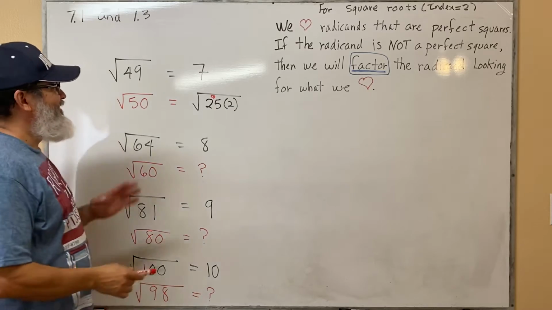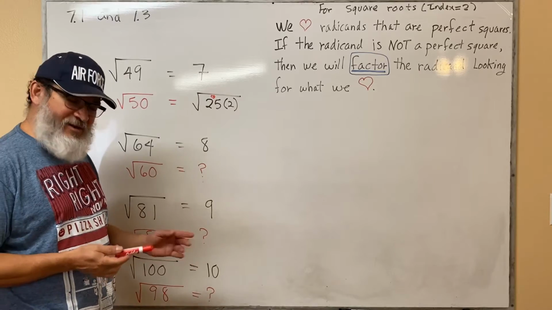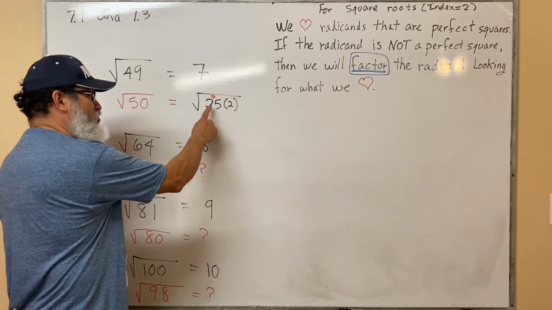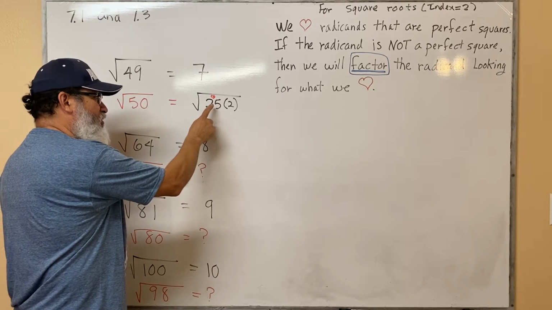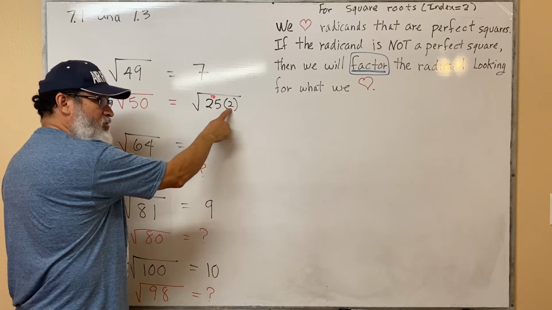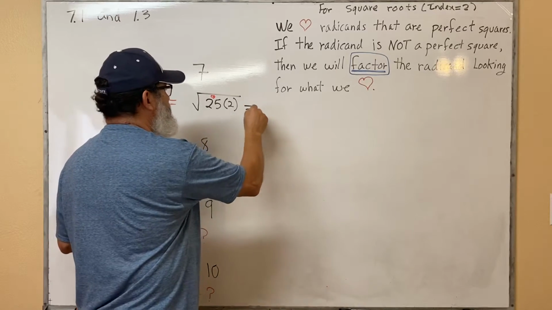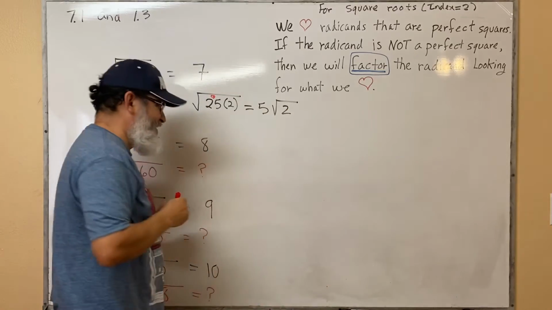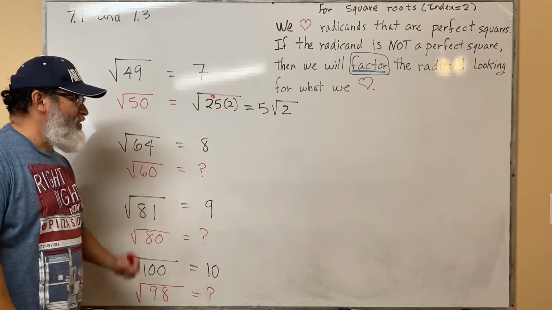What is the square root of 25? 5. So therefore, that's going to come out. There's nothing you can do about this 2. So therefore, a 5 comes out, times the square root of 2. And that's all you can do. There we go.